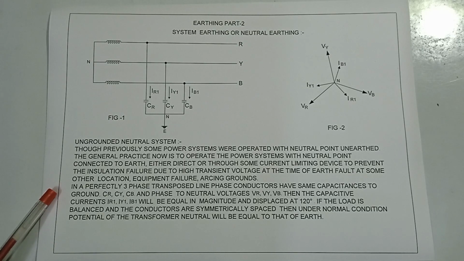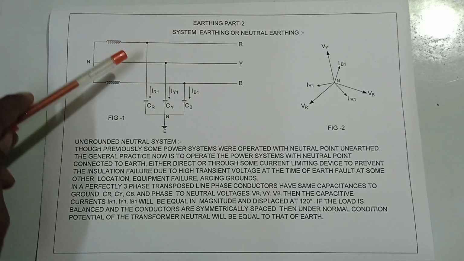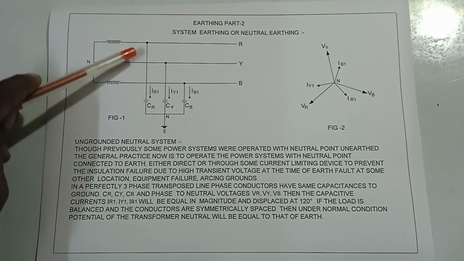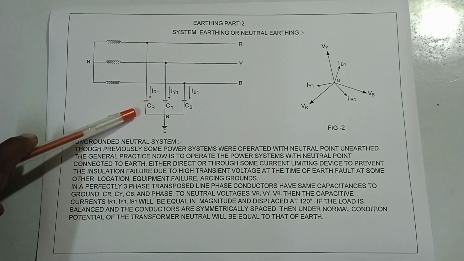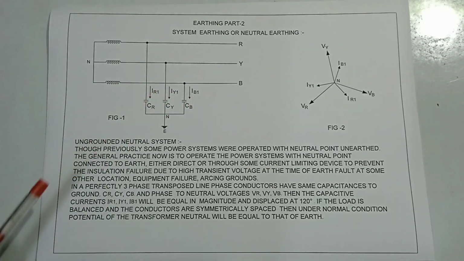In a perfectly three-phase transposed line, phase conductors have some capacitance to ground: CR, CY, CB. Here is a phase conductor, here is the ground, and there are three capacitances CR, CY, CB.